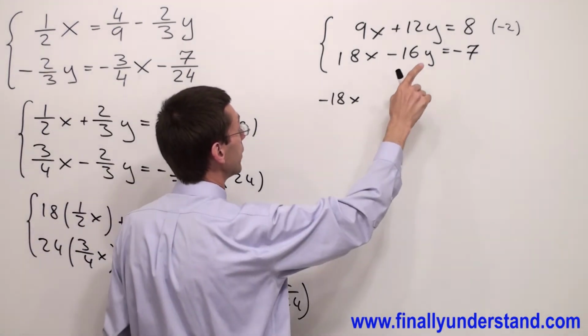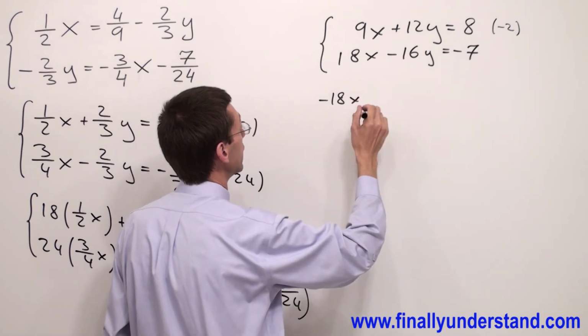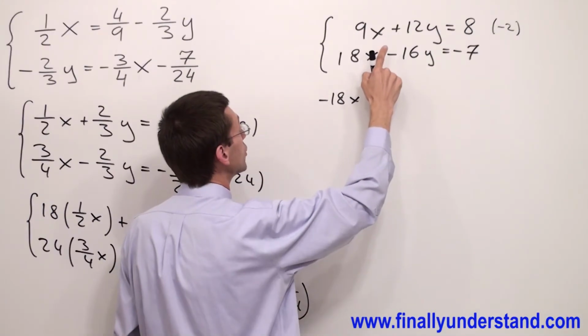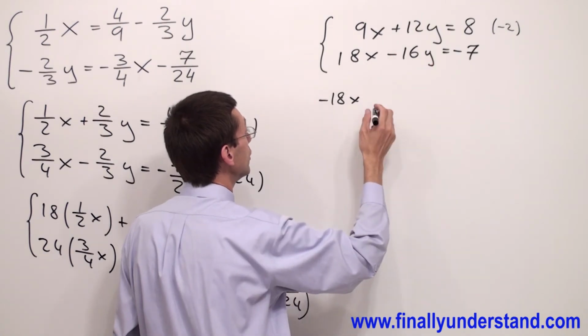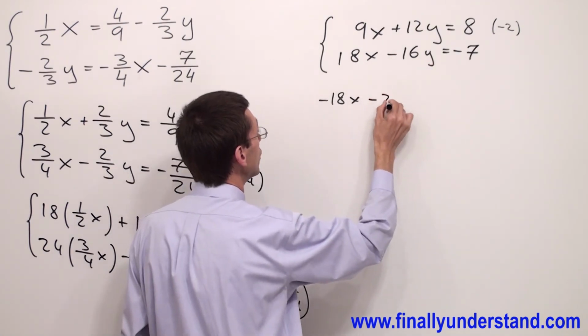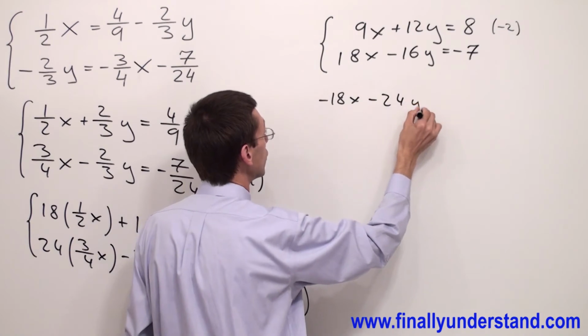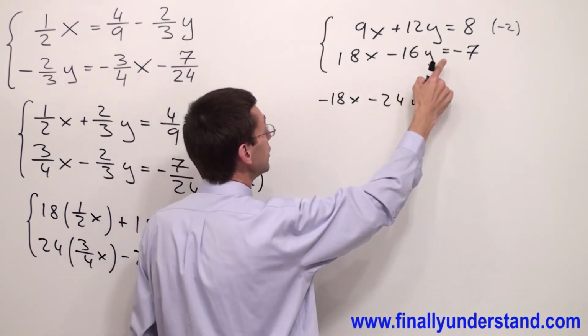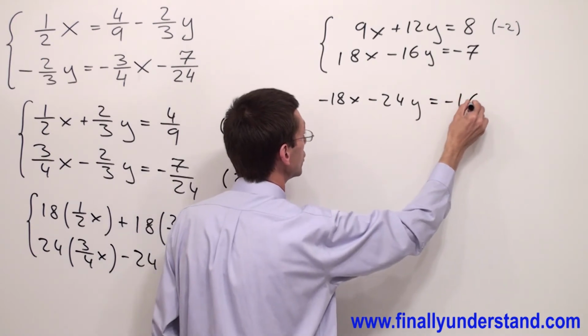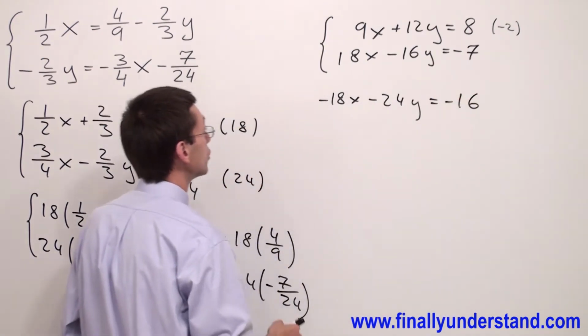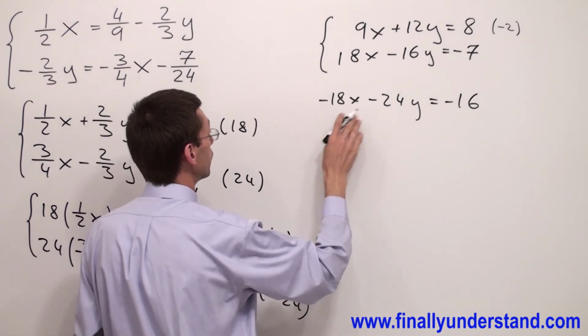That's why I multiply the first equation by -2. Next, multiply +12 by -2. This is equal to -24y, of course. 8 times -2 is equal to -16. So this is my first equation.